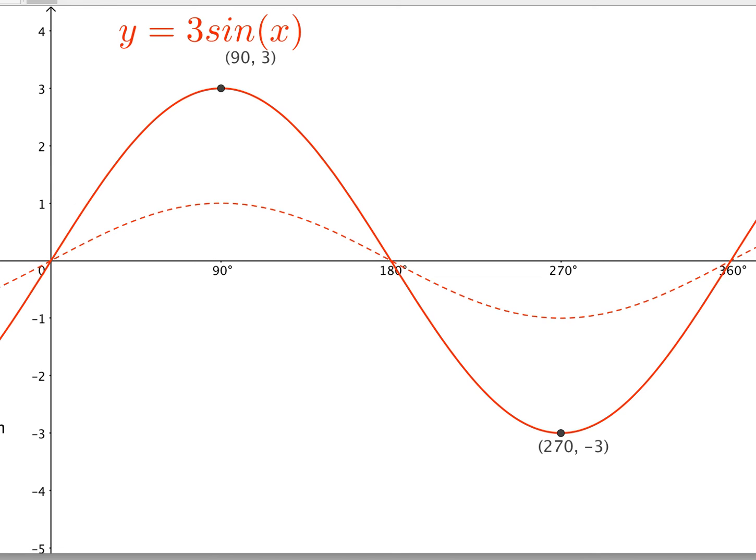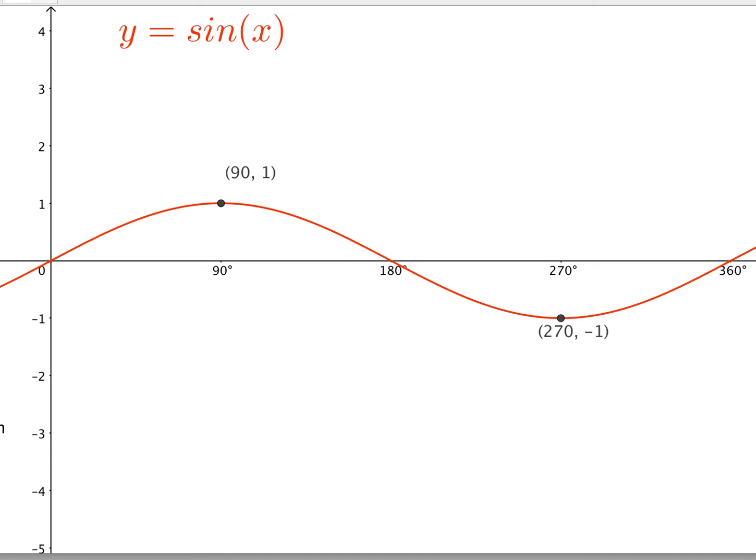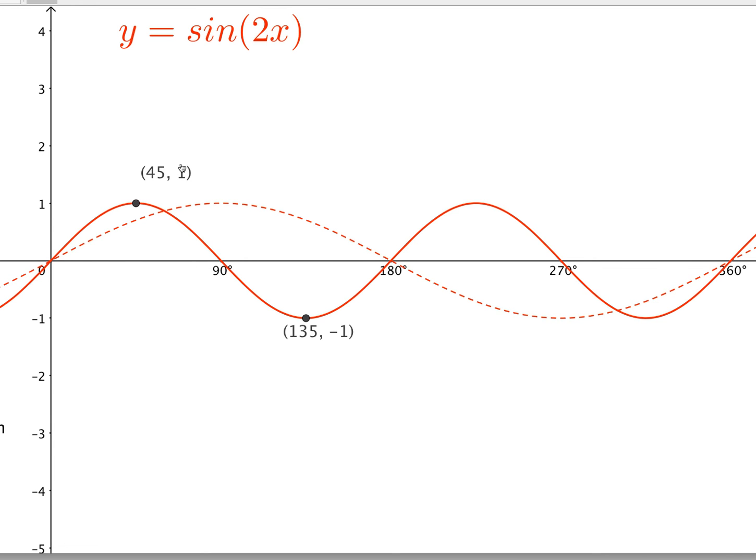If we do this, which is in the brackets here, doubling x, that means our input gets doubled. Now that means when we put a value in for x, an angle, that angle then gets doubled. And that means we can put in half of what we used to.